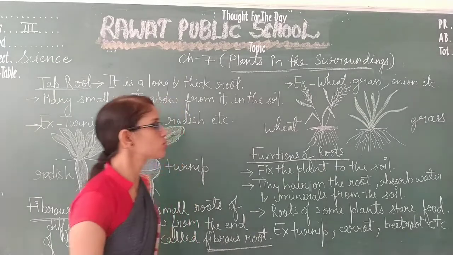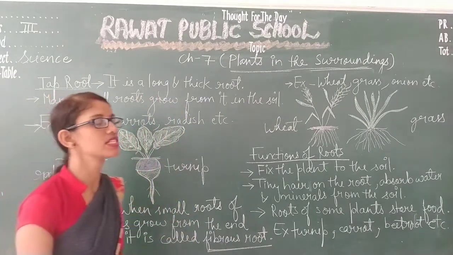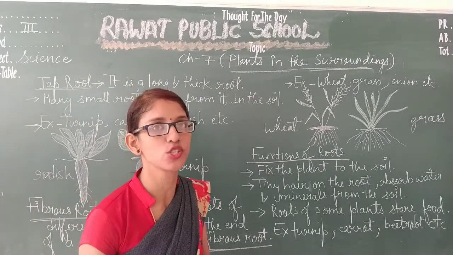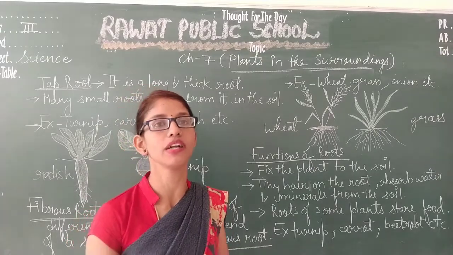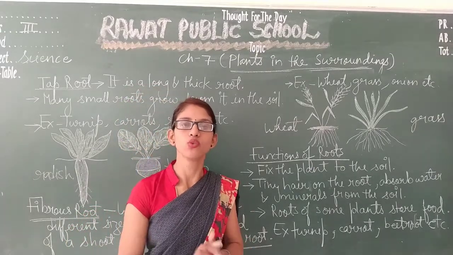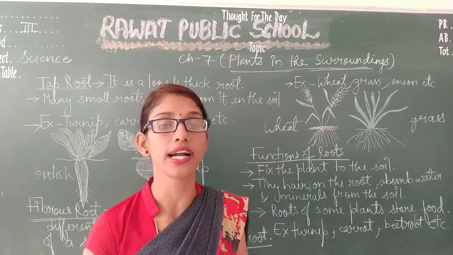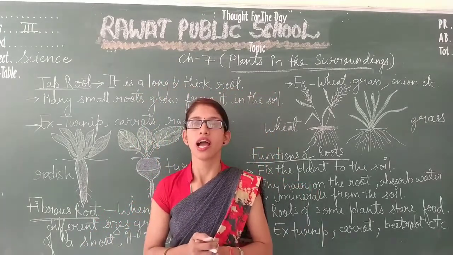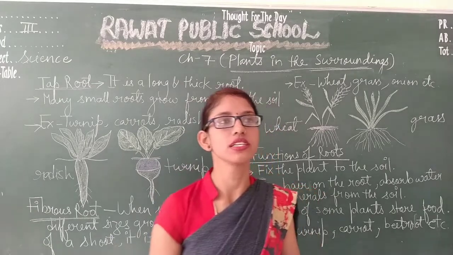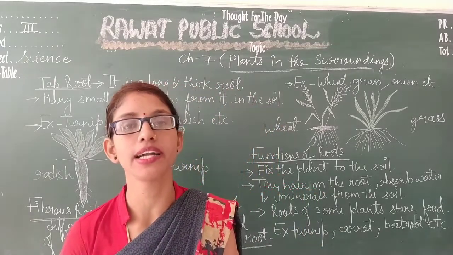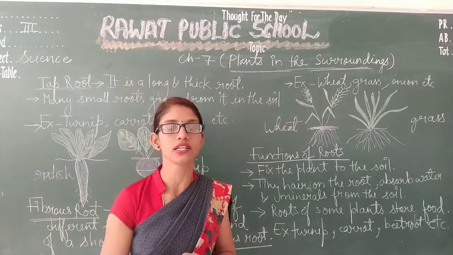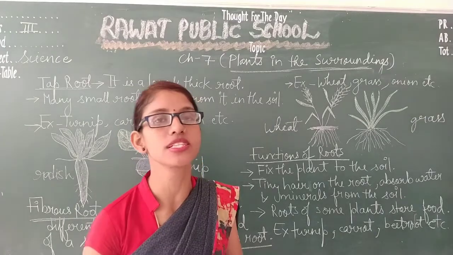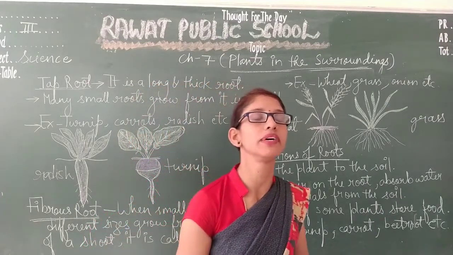So student, in this class we have discussed first the parts of the plant. There are two main parts of the plant, root and shoot. Root is the part of the plant that grows under the soil where the sun rays or light do not reach. Shoot is the part that grows above the soil and consists of stem, branches, leaves, flowers and buds.